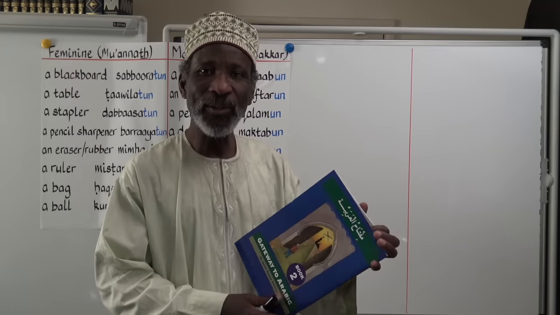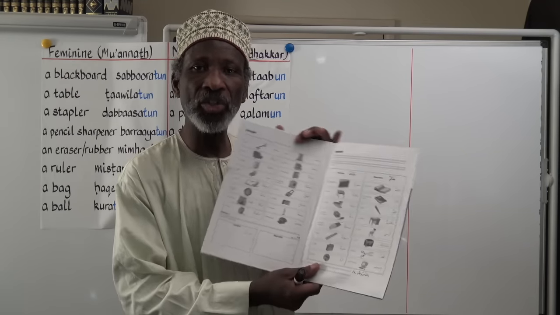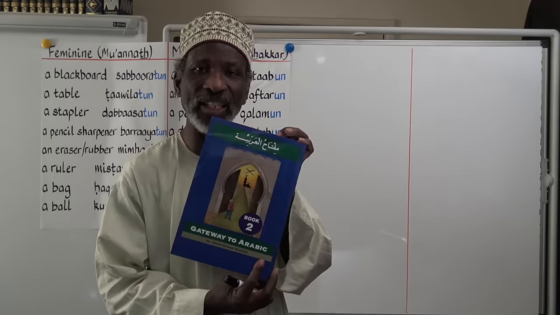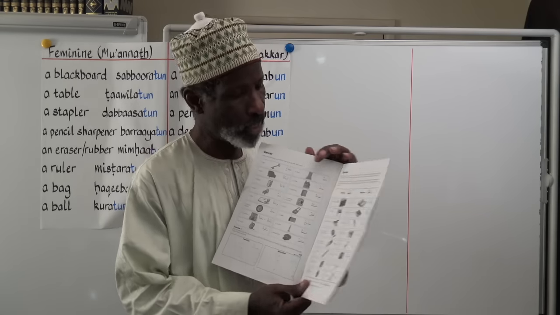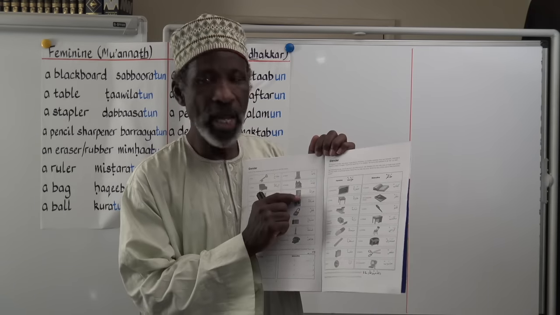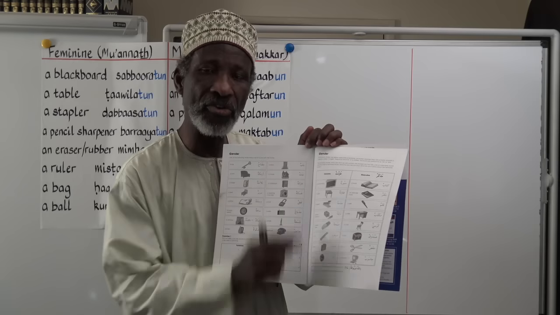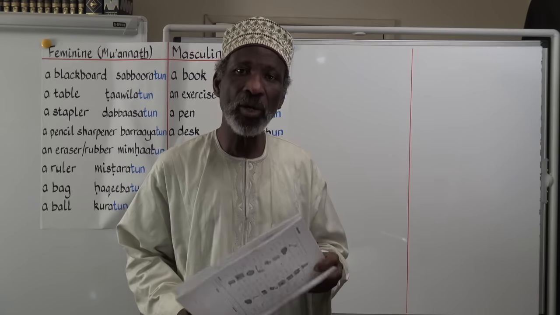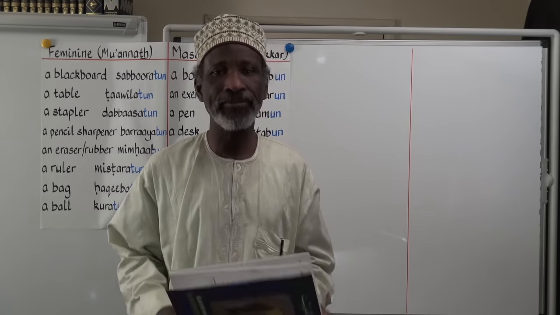Lesson 2 starts on page 2 of the Gateway to Arabic Book 2. On page 2, you see the heading gender. And the reason we are going to start with gender is this.